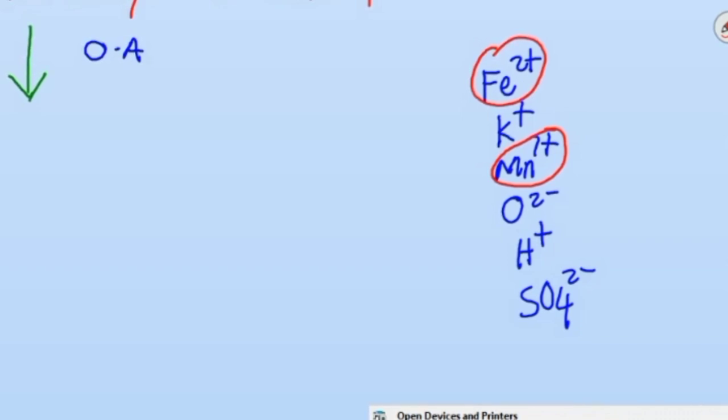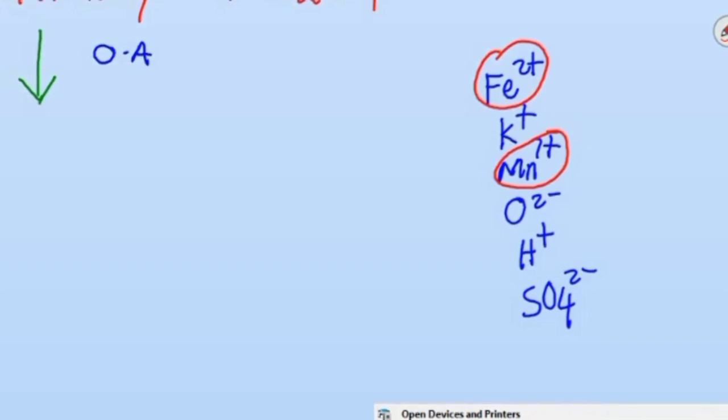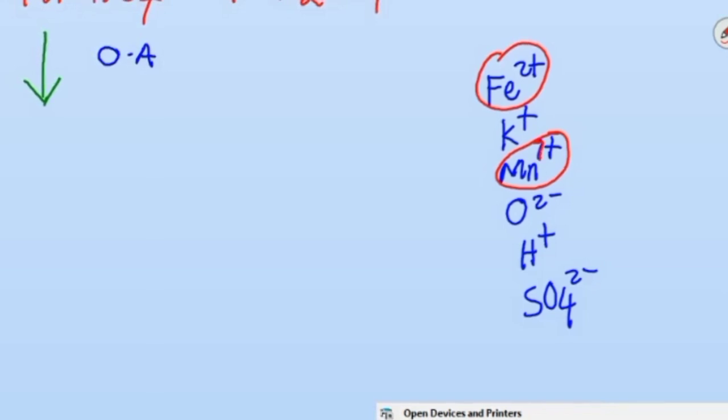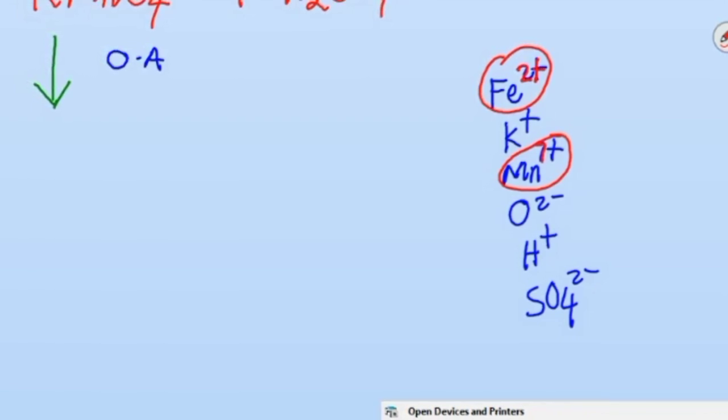Since these are the only two transition ions, to be able to choose which of them is the oxidizing agent and which is the reducing agent, please look for the one that is more electron deficient. Manganese 7+ means it is deficient of 7 electrons, while 2+ for iron 2 means iron 2 is deficient of just 2 electrons.